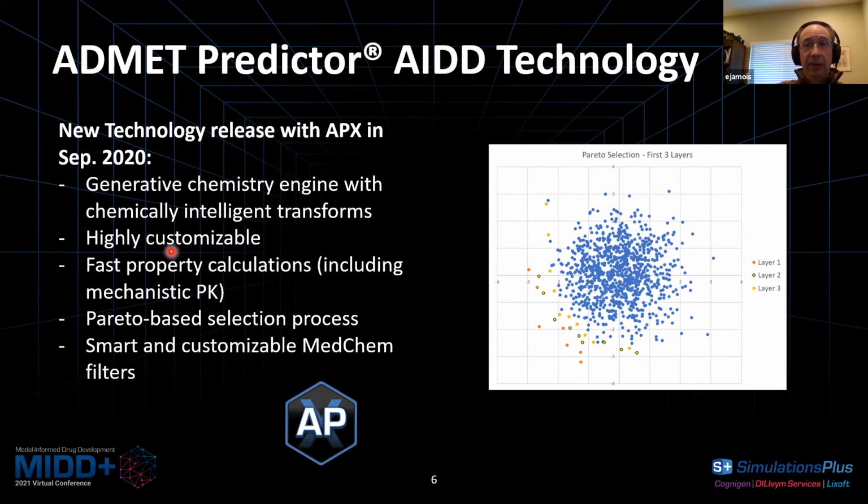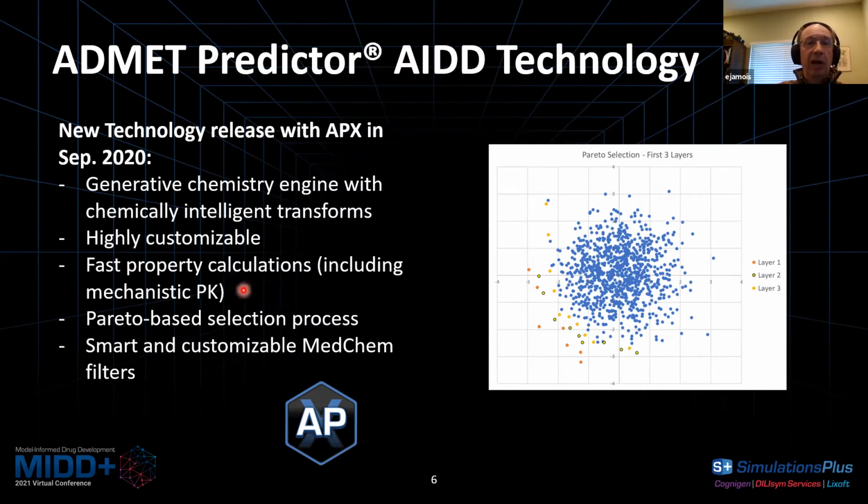Everything is highly customizable. So if you can imagine a black box, this is just about the opposite of that. You can change just about everything. And it's coupled to the extremely fast multi-threaded property calculation capabilities that we have in AdMet Predictor now, which includes the mechanistic PK, which I described earlier in the HTPK module presentation.